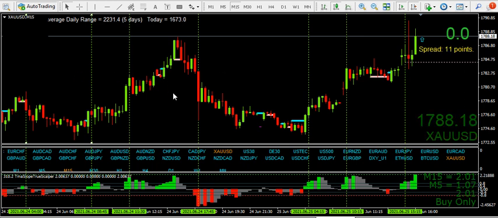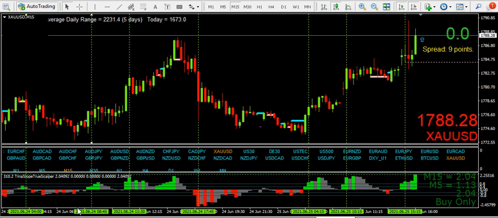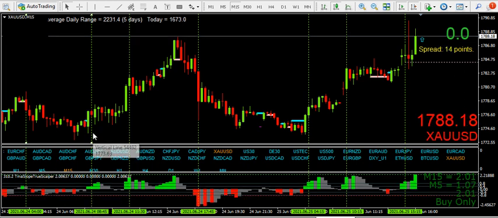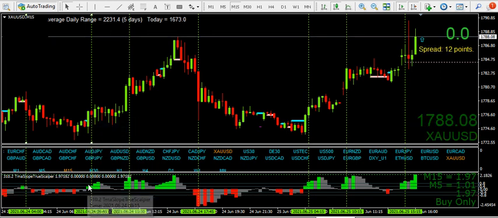But back to this. Look at this. I'm not really interested in continuations, so pullback continuations, although you can do the stats on that. But once we've got a change of direction, a 3CR, this one's not the best example. But the point is, we've closed on the M15 powerful. What do we expect after a 3CR?